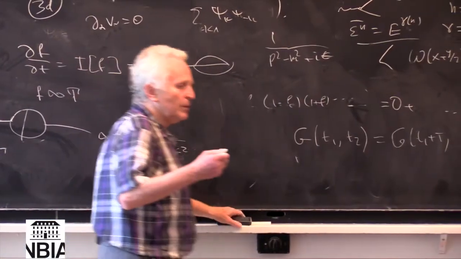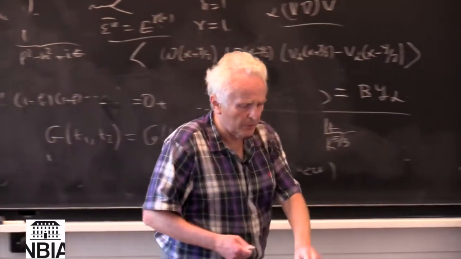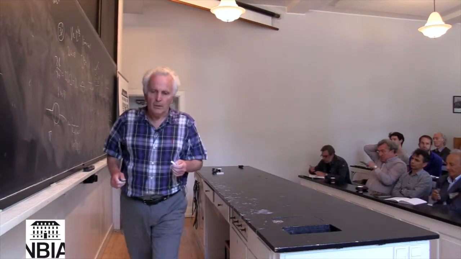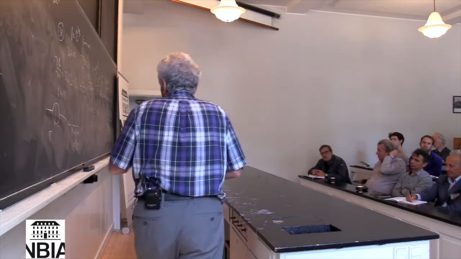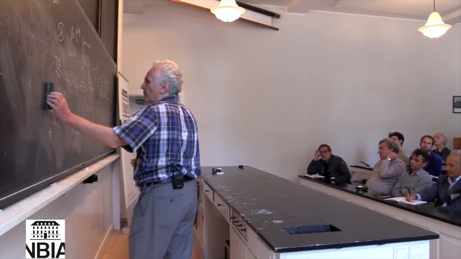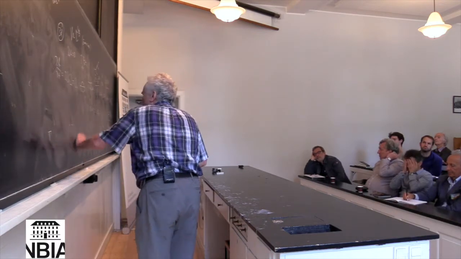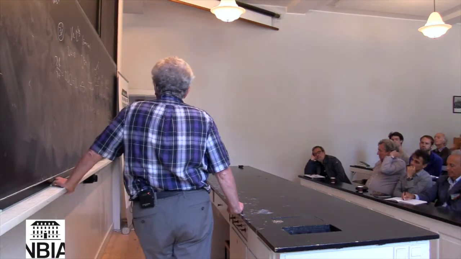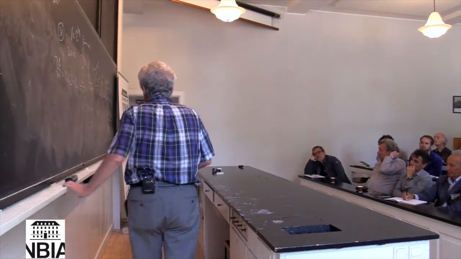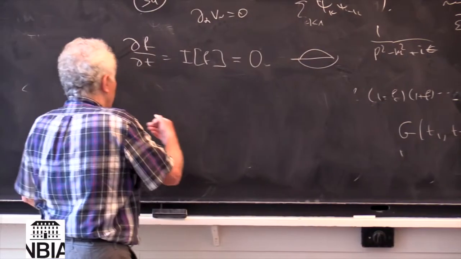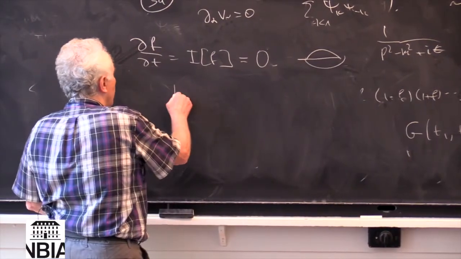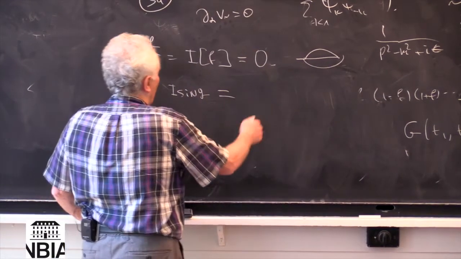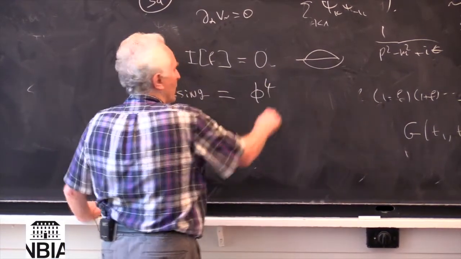Now I'm coming to some new things. I try to look at the following. In statistical mechanics, we know what it means when we make a statement like the Ising model is equal to phi-4 theory.